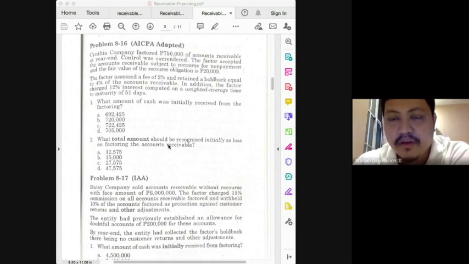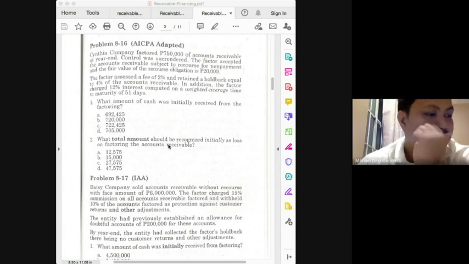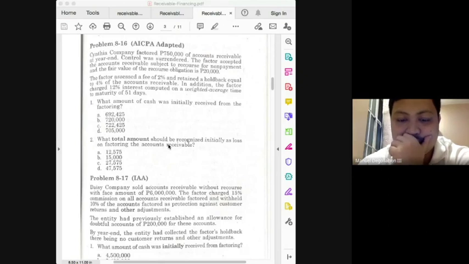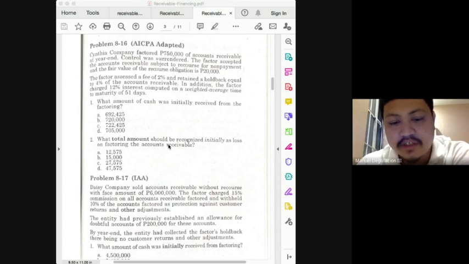So as computed earlier, our interest, I forgot to put, let's do it again. 750 times 12% times 51 divided by 365. So the interest charge is 12,575.